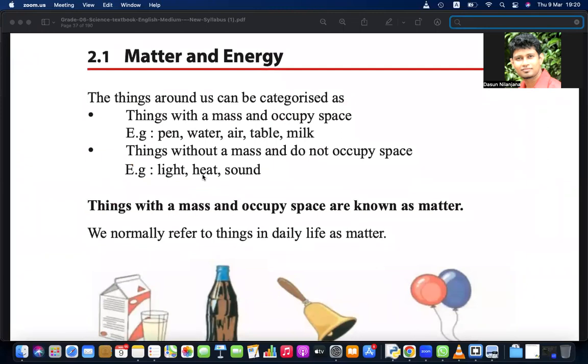Okay, things around us. So what is matter? Matter is the things which have mass and also occupy space. The things that occupy space and have weight, what do we call them? Having mass and occupying space, we call them matter.